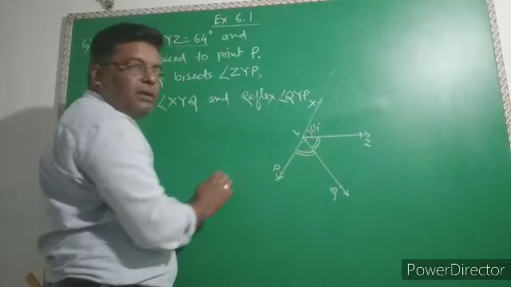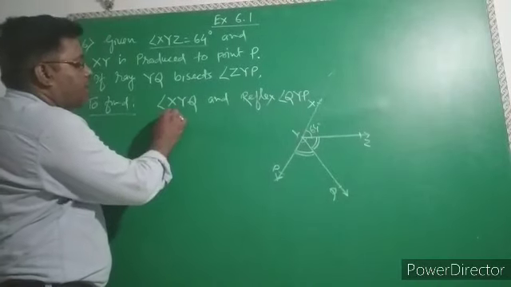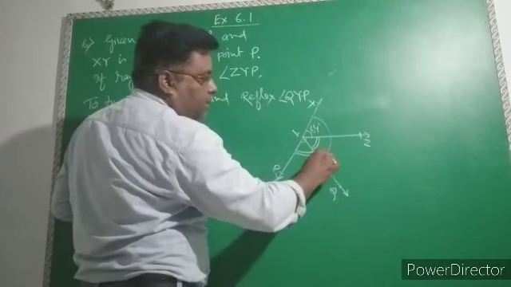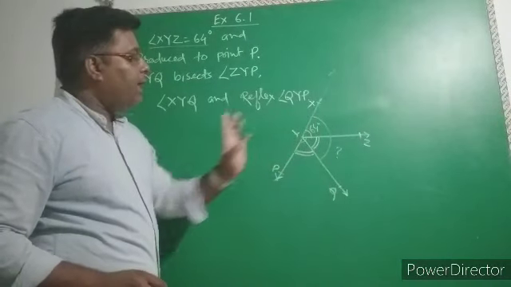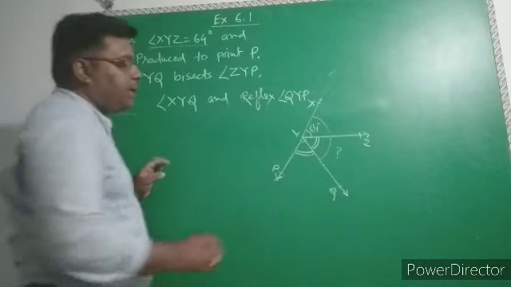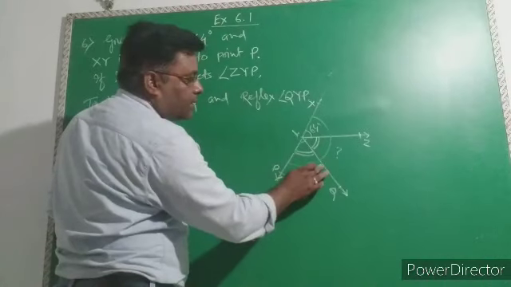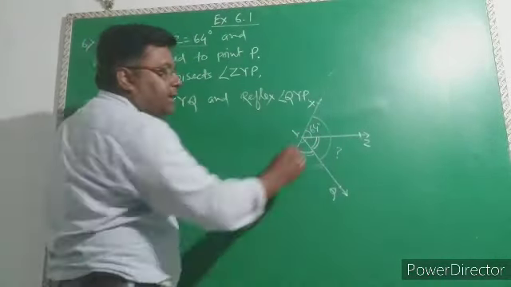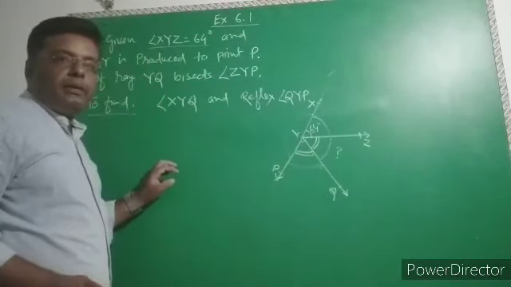Bisect means these two angles are equal, equally divided. Next we have to find angle XYQ. We have to find this angle XYQ and reflex of QYP. It is the reflex of this angle, that means the opposite part of this angle. That is, if we add 180 with this XYQ, we get the reflex of QYP.